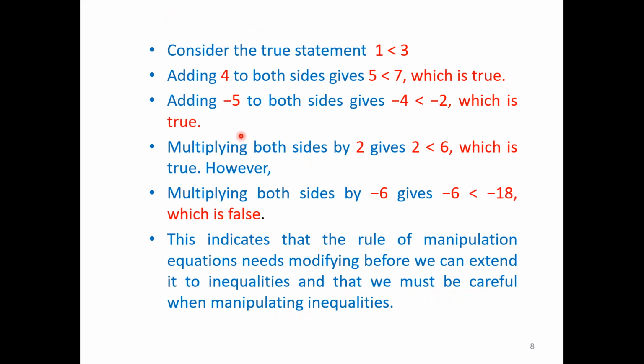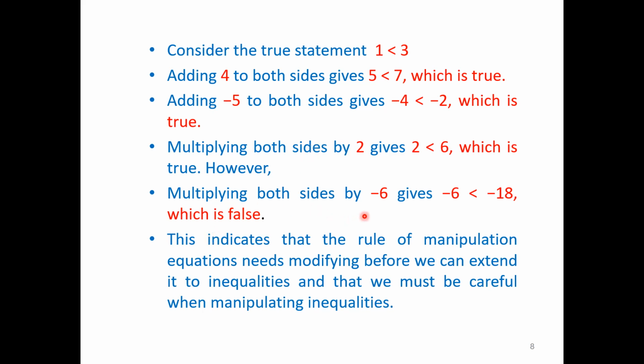We can see from the above example that adding a positive number or adding a negative number, or multiplying both sides by a positive number, or even dividing both sides by a positive number, will be correct, similar to the equation.